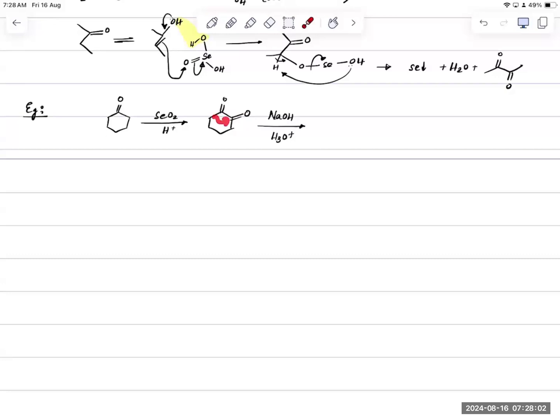This group will migrate. So we will get a 5-membered ring here with COOH and OH. That is the product formed.